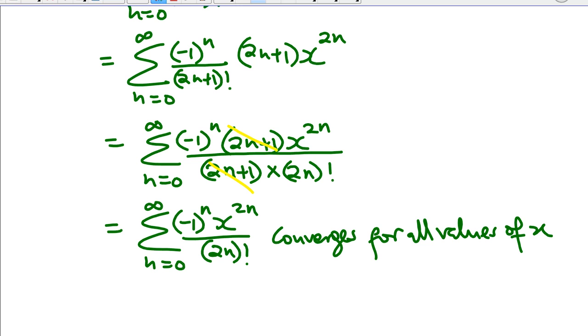So that's how you work out that this is cos x.